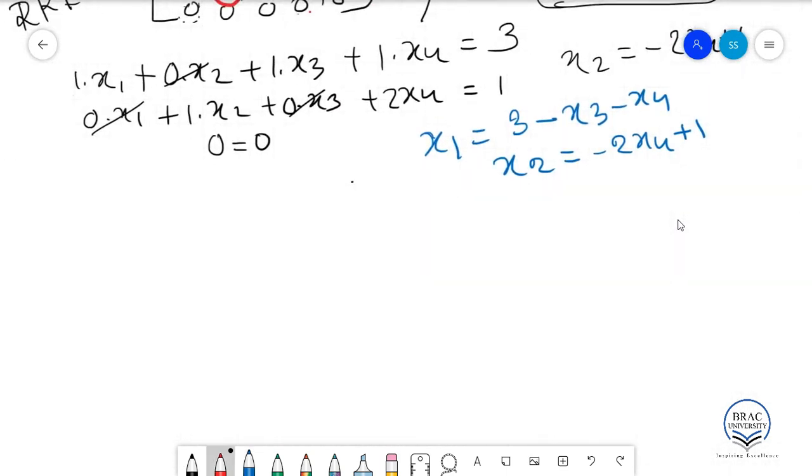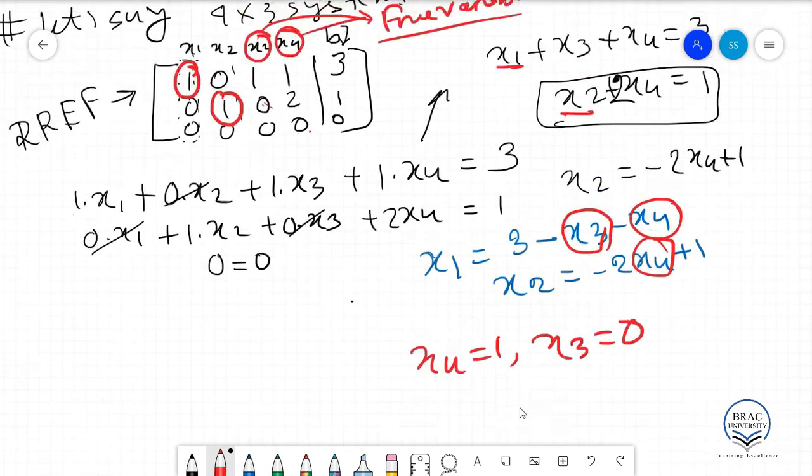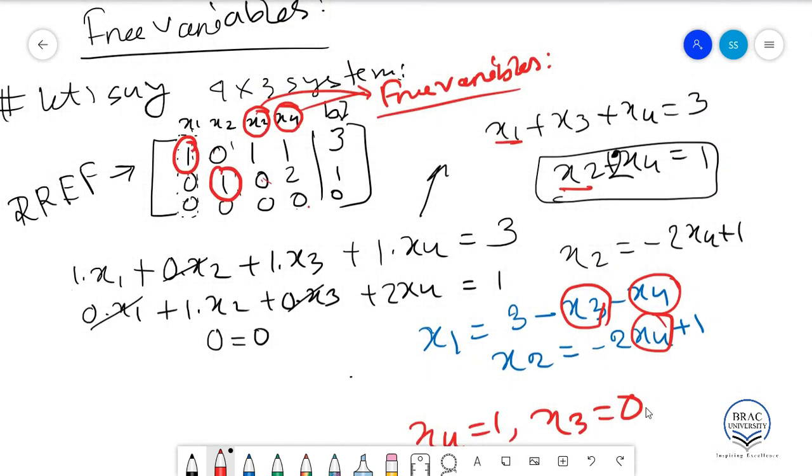For any number, let's say x4 equals 1 and x3 equals 0, you can get a set of solutions, and if you change their values you get another set of solutions. So if the system is consistent, then for free variables you have an infinite number of solutions.